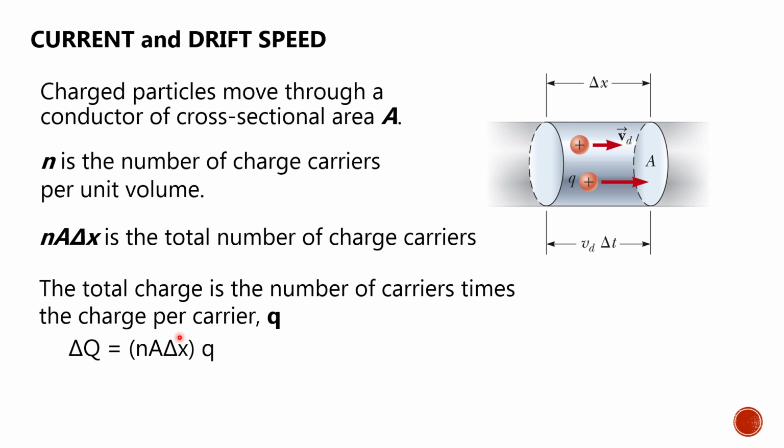When the conductor is isolated, electrons just bounce around randomly. But with the conductor connected, the movement is more organized and flows in one direction. And this is now our electric current.